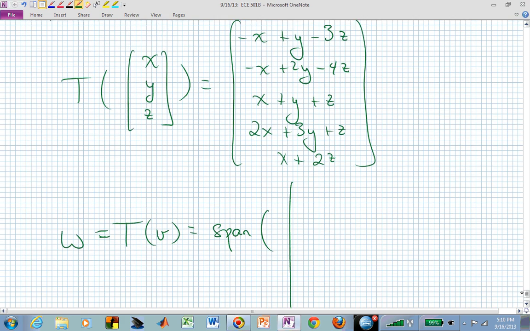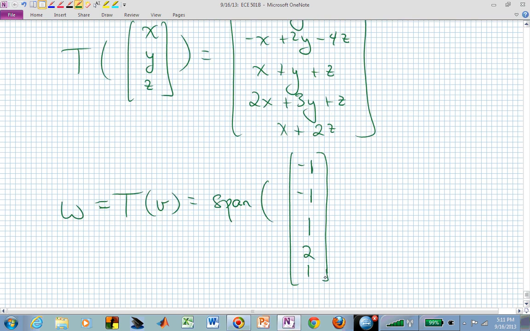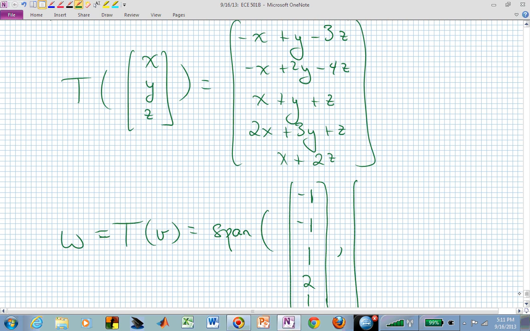of one vector, which is -1, -1, 1, 2, and 1. Do you see where that's coming from? Look at the coefficients associated with x. That's one combination of values. Now that's one vector, a 5-dimensional vector. What about the coefficients associated with y?